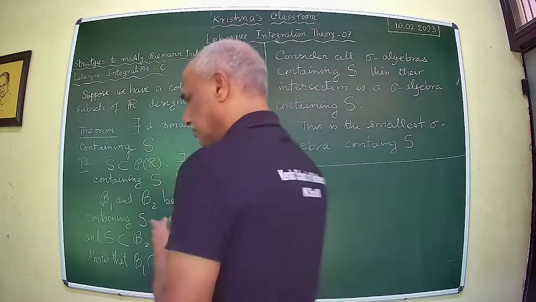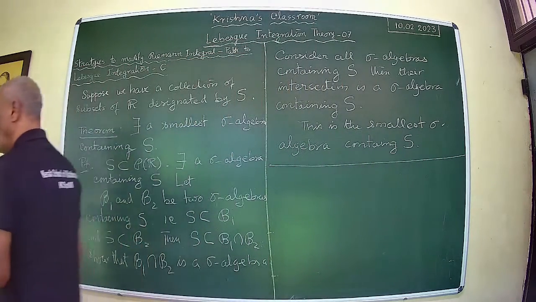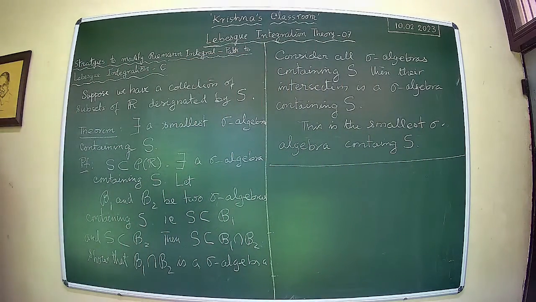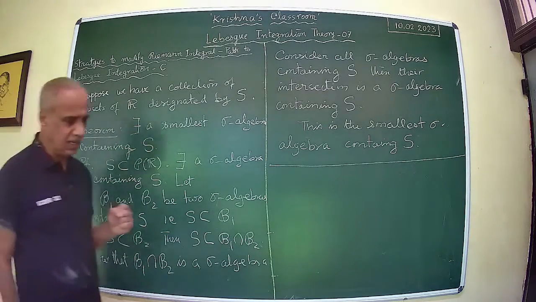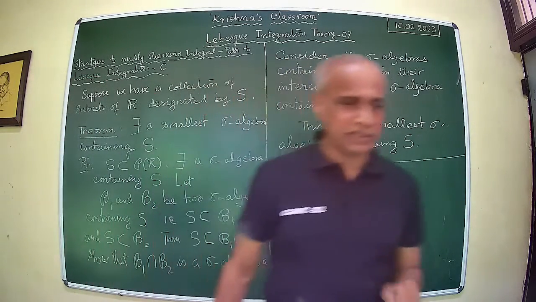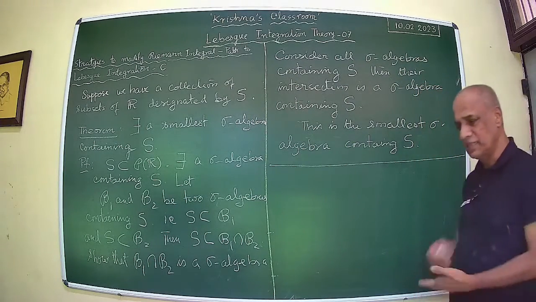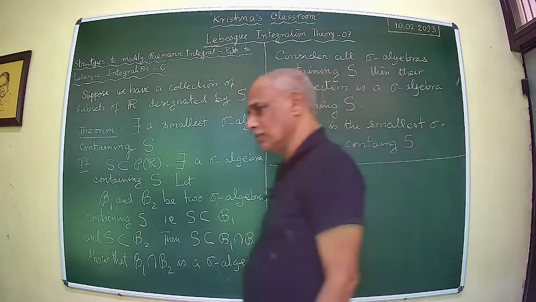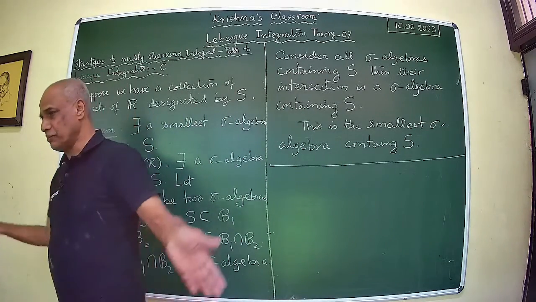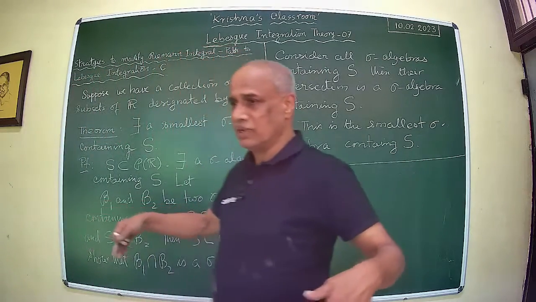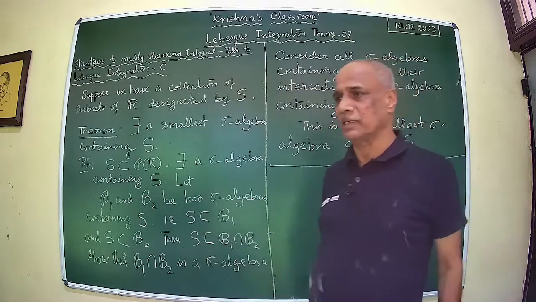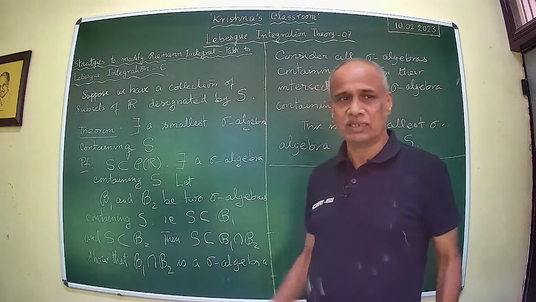For example, consider all open subsets of R. We would like a sigma algebra to contain all open sets. Okay? Therefore, the collection of open sets as such may not be a sigma algebra. But then there exists a minimum, a smallest sigma algebra that contains this collection. So that will take care of that.